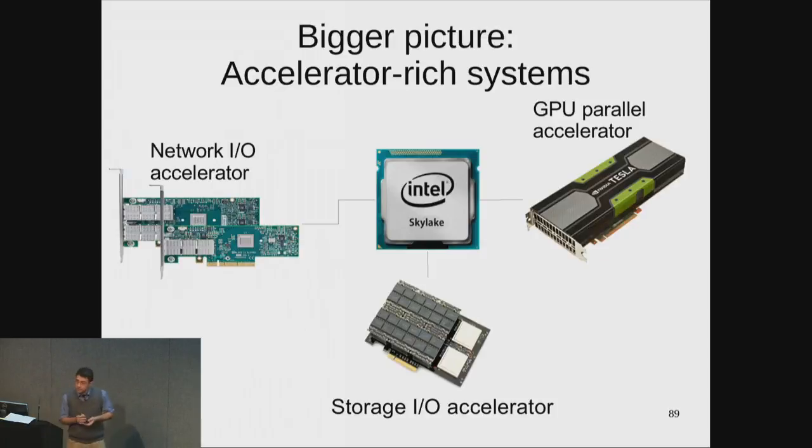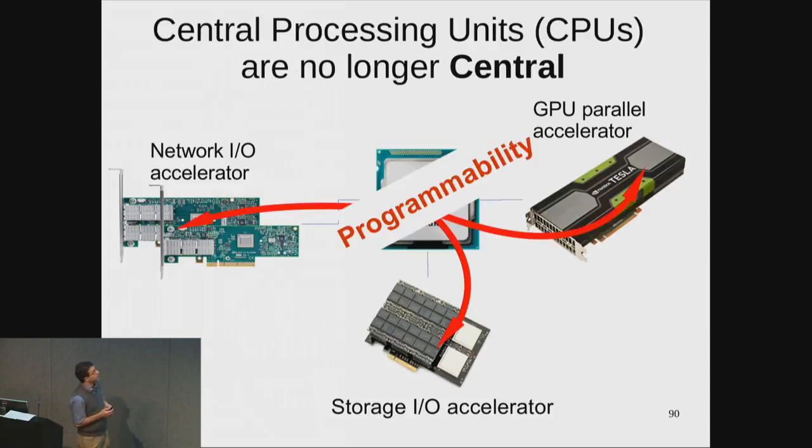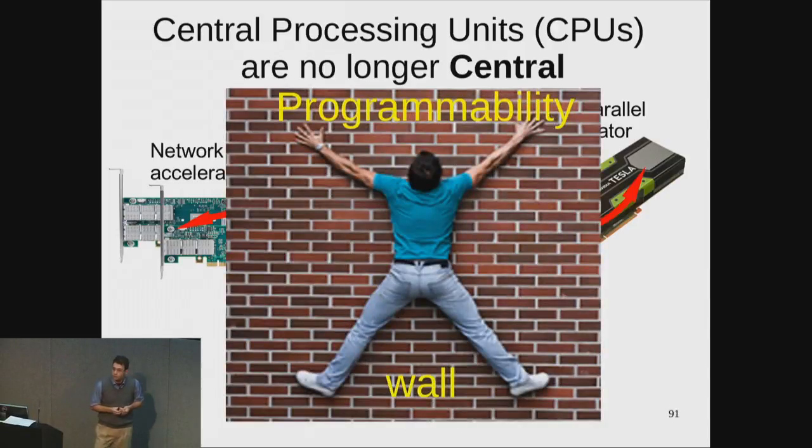But the bigger picture is that the world is changing, and there will be a lot of programmable stuff lying around in your machine. Programmable NICs are just one of those, but there are also GPUs and a bunch of others. And although they're all nice and programmable, eventually you are faced with a really tough challenge, which is the programmability wall, right?